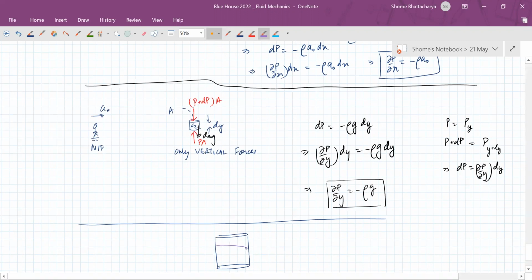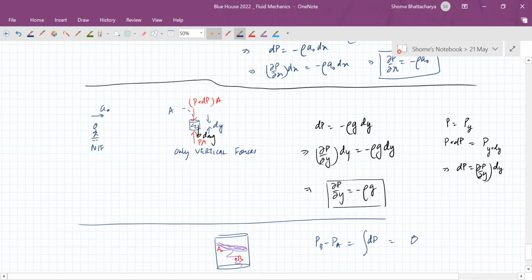So the surface of fluid will be like this, inclined. Now, if I consider any 2 points inside the fluid like this, so when I have to calculate pressure at B minus pressure at A, I have to integrate this quantity.